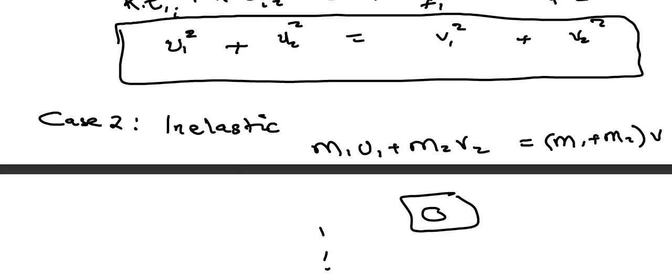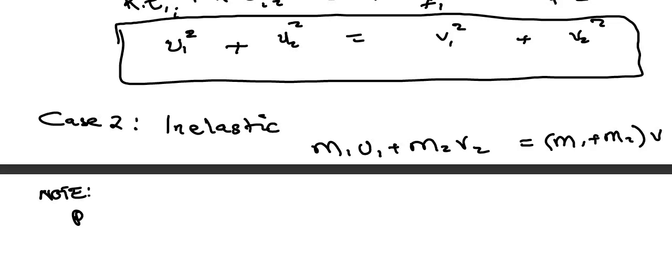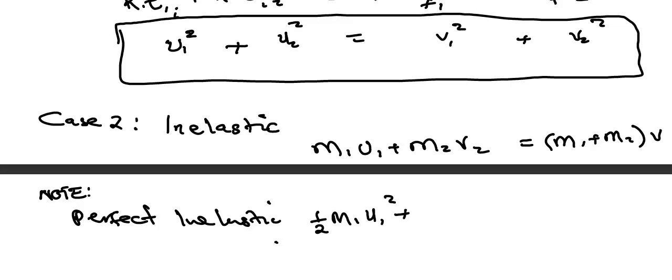Energy is not conserved in inelastic, unless it was perfectly inelastic. When they emphasize that it's perfectly inelastic, let me just add the note. If it's perfectly inelastic, it just means in that case energy was conserved, and we are going to have half the mass and the velocity of the first object squared plus the second object V2 squared is equal to half.